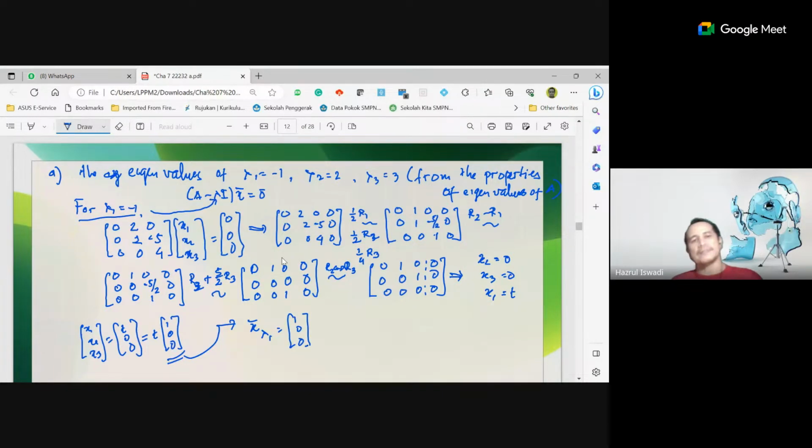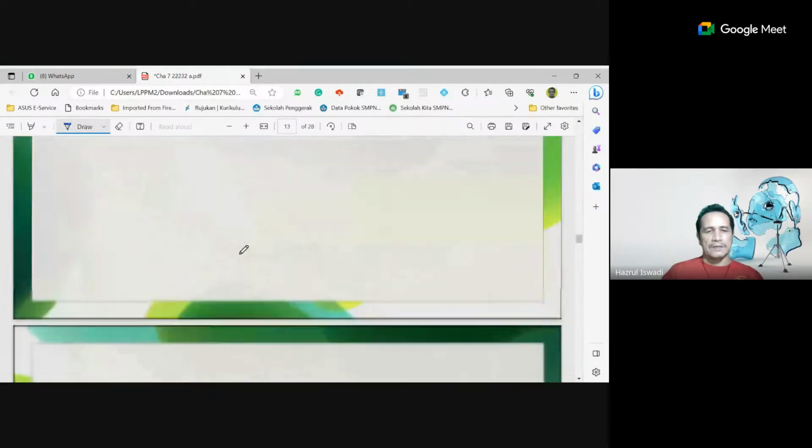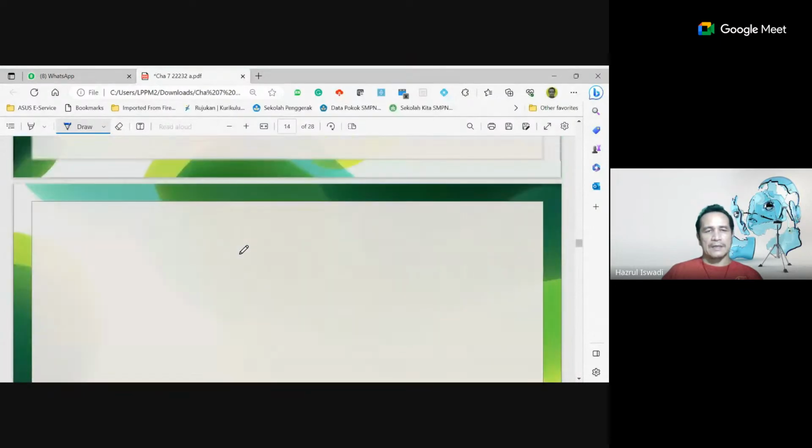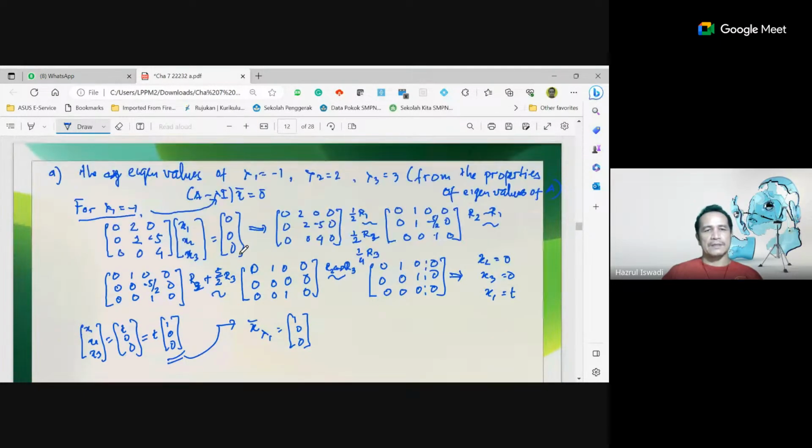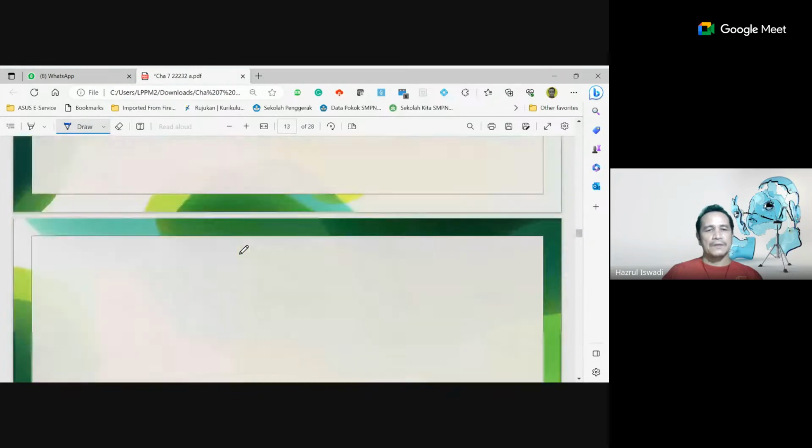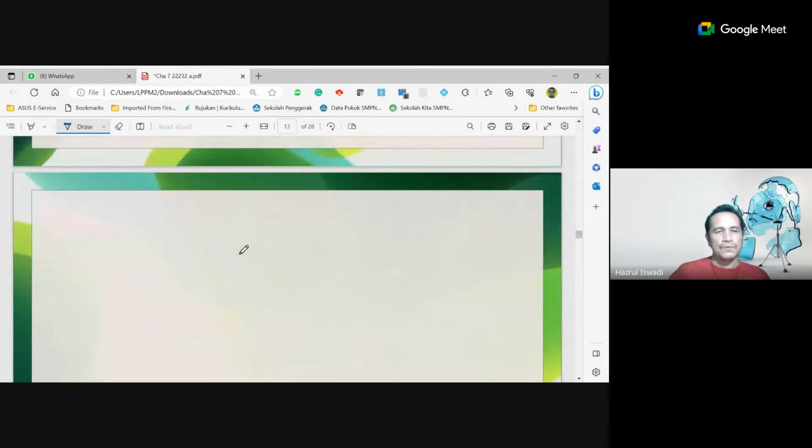Okay, this is still the first eigenvector, and we must calculate for the second and for the third. Okay, let's do it quicker for lambda 3 is equal to 2.